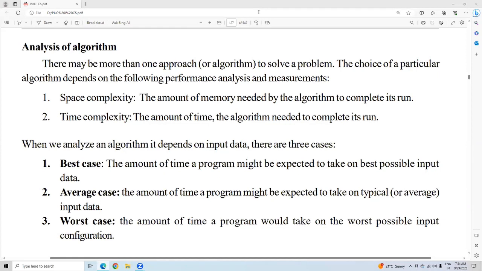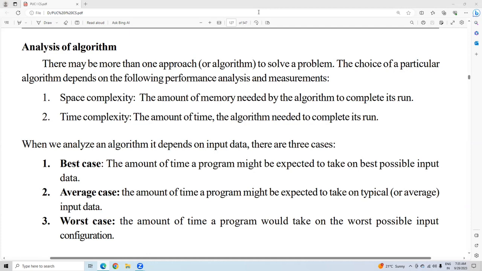Analysis of algorithm. There may be more than one approach to solve a problem. In mathematics, whenever there is a problem, some equation, usually there will be multiple solutions. That means in multiple methods, you can solve the same equation.